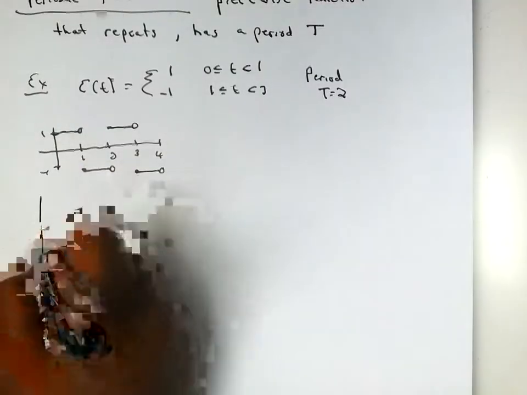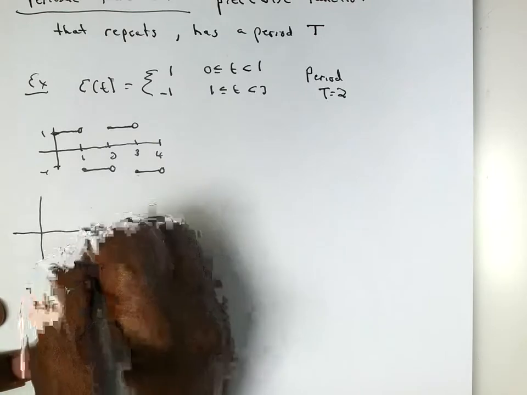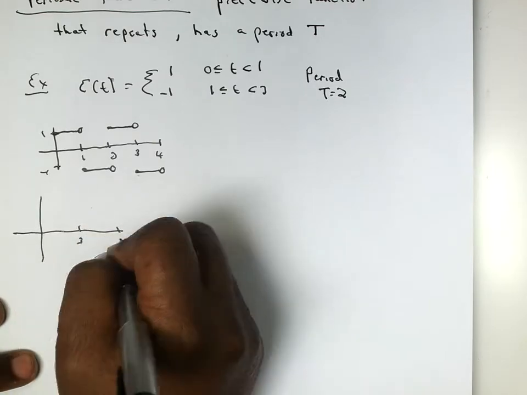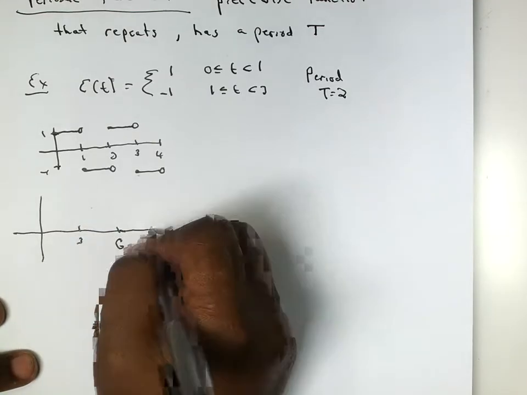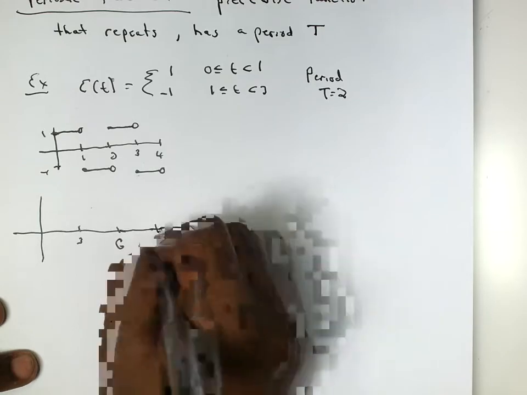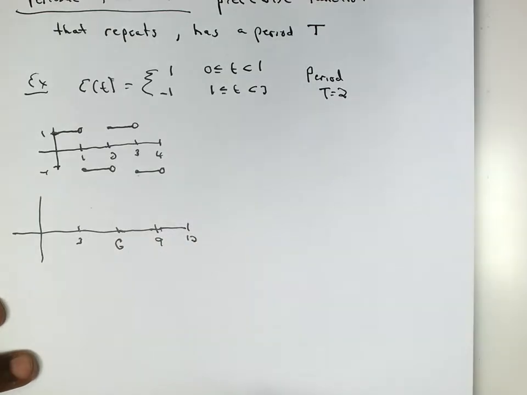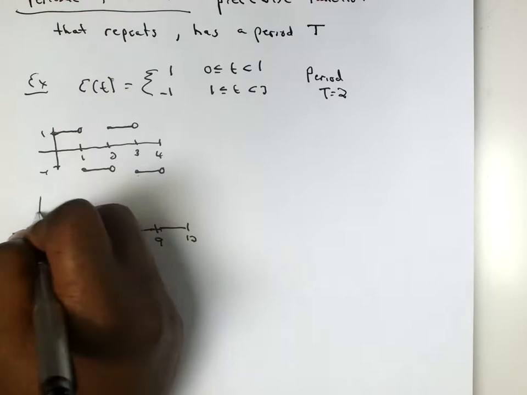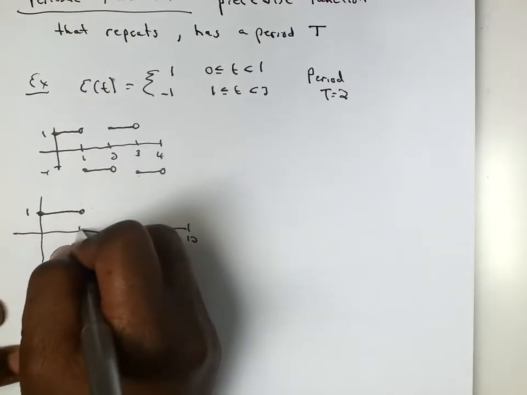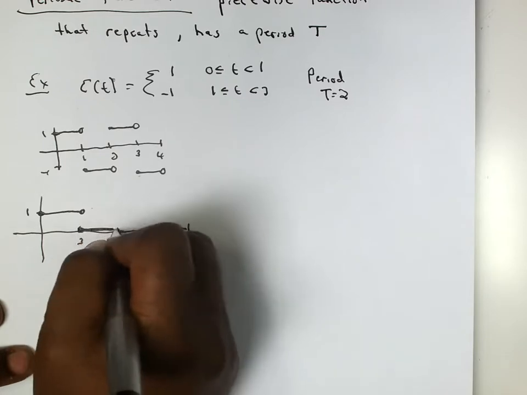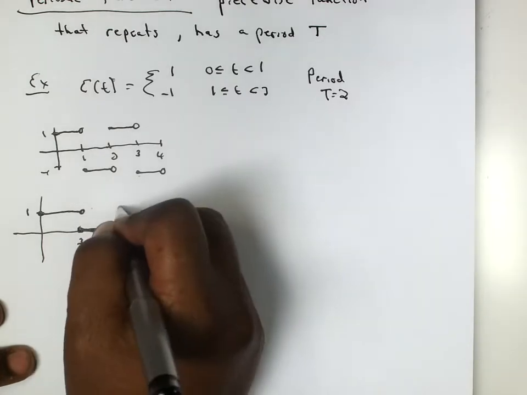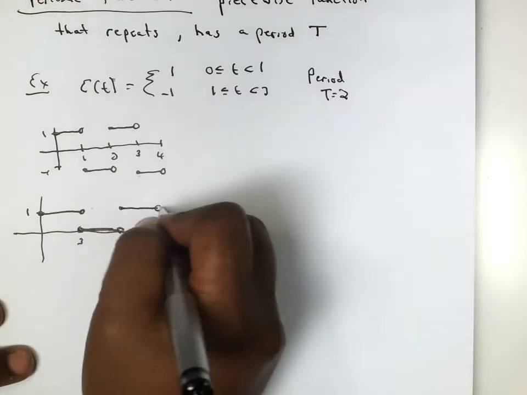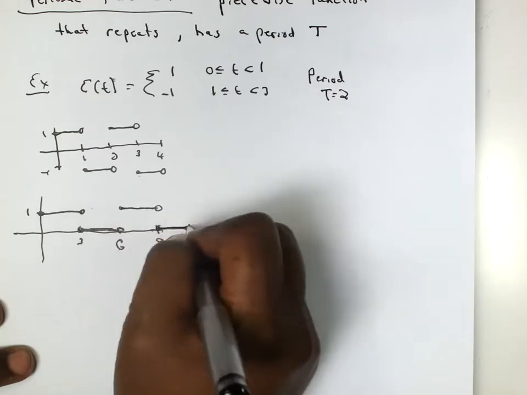Or another example, I have a 1 from 0 to 3, and then it drops down to 0, and then it goes back to 1, and then it drops down to 0.